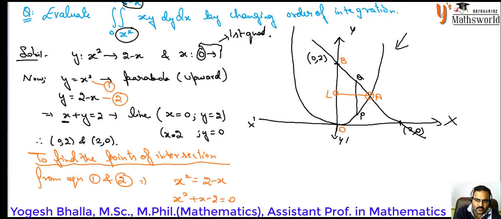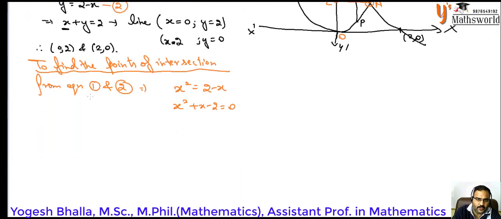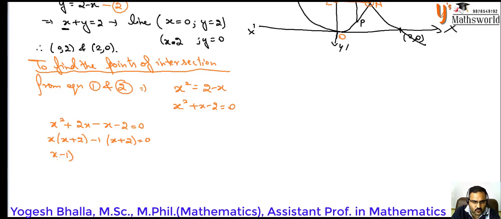So we need to calculate the factors. It will be x square plus 2x minus x minus 2 equals 0. Taking x common, x into x plus 2, minus 1 common, x plus 2 equals 0. So the factors will be x minus 1 and x plus 2 equal to 0. That means x equals 1 and x equals minus 2. Minus 2 is in the second quadrant, so we don't need that. So the point of intersection will be x equal to 1.